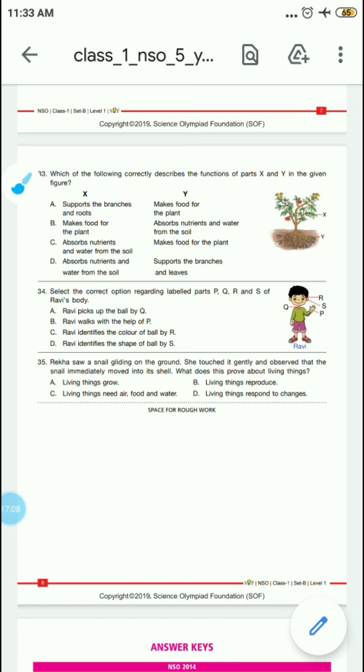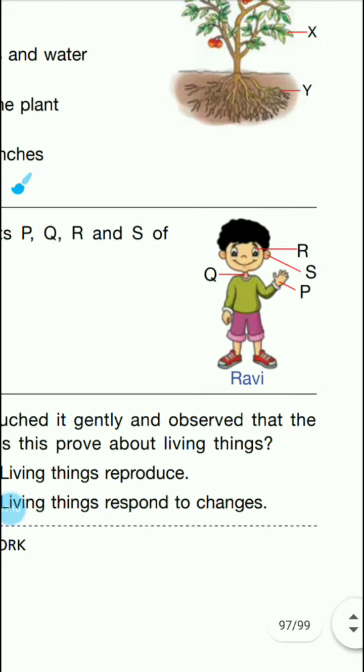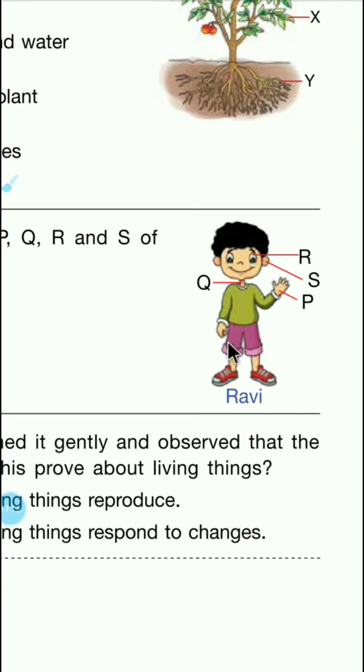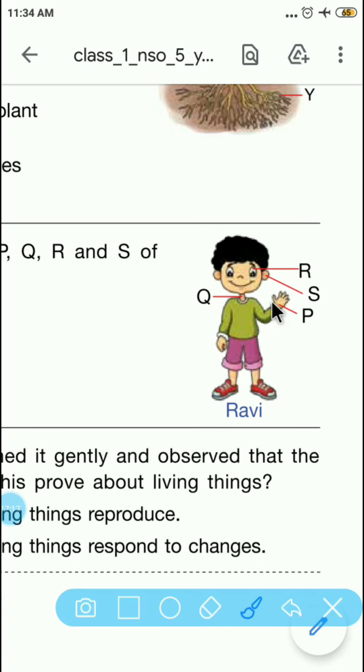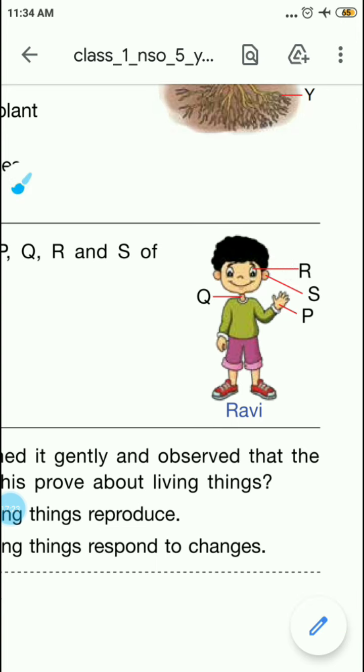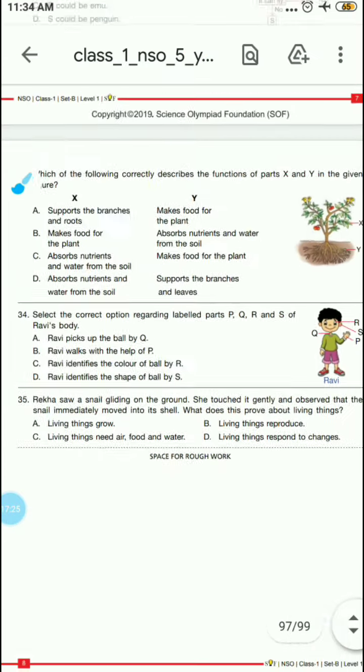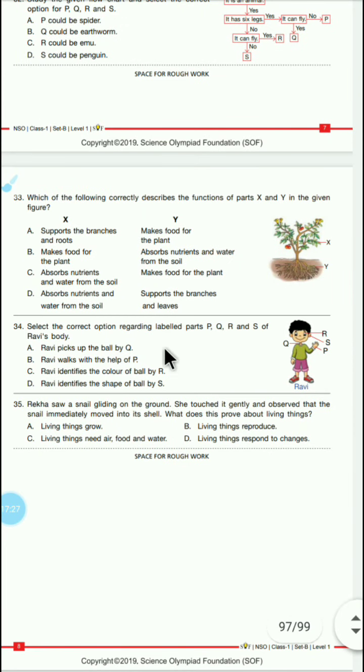If you zoom the figure, you can see here R indicates the eyes. Is it visible to you guys? This is our eyes. So R indicates the eyes. So this will be the correct option here.